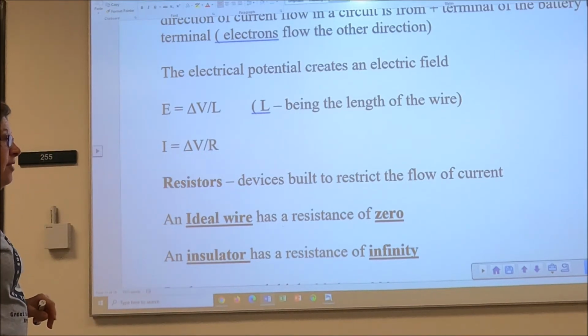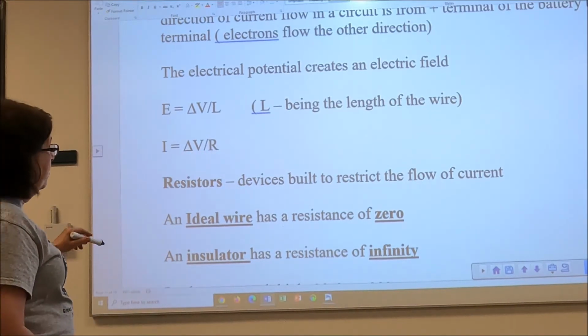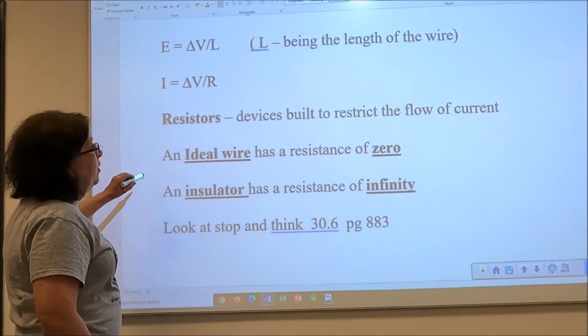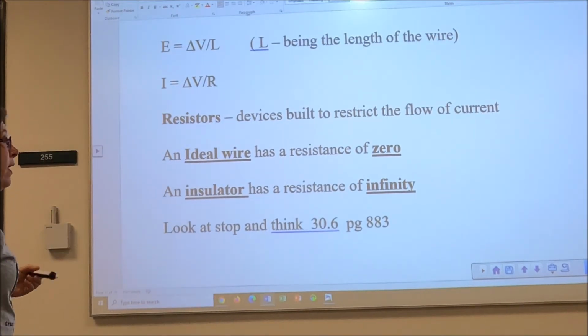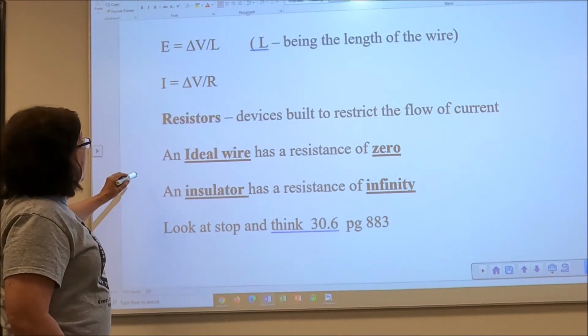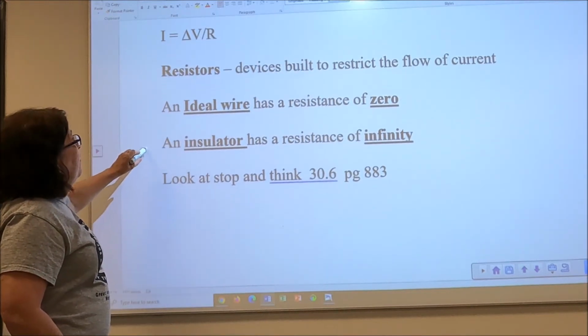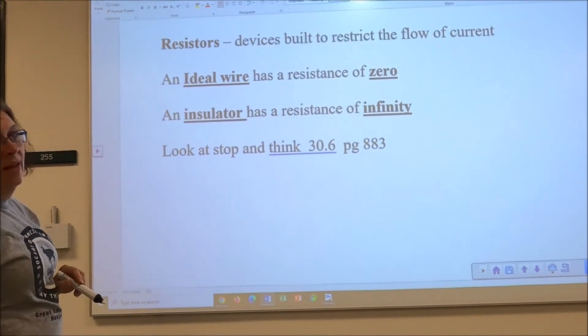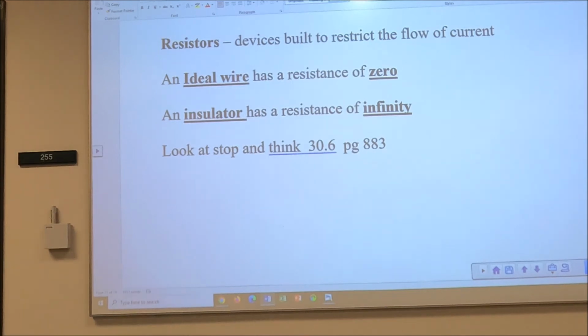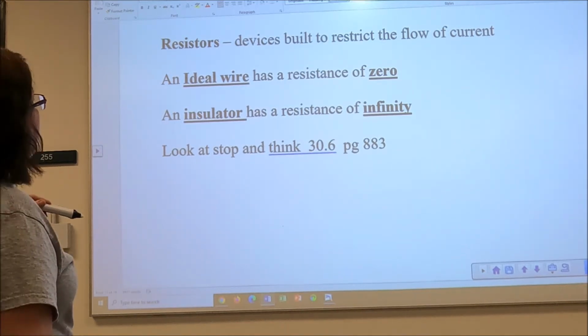And current is equal to delta V divided by R, the resistance. Now, we want to control current flow in circuits. And we can do that by using devices called resistors. These are devices where we control the resistivity, and that way we can control the rate of current flow.